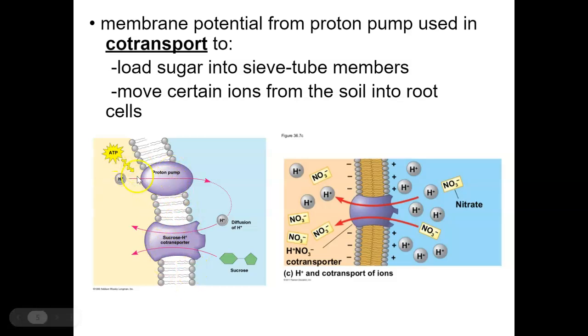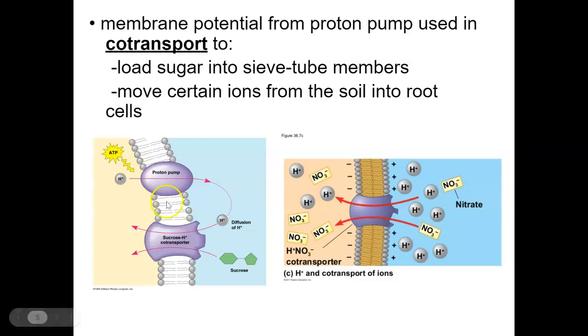So here we have our hydrogen ions being pumped through this proton pump from low to high concentration. We spent energy to do that. And so that's just like what we talked about on the last slide. Like the last slide would have just been this molecule.